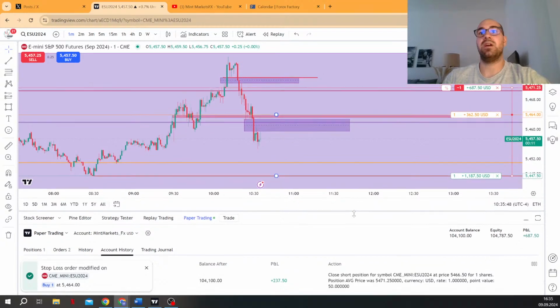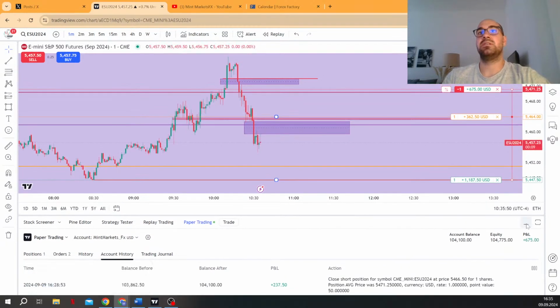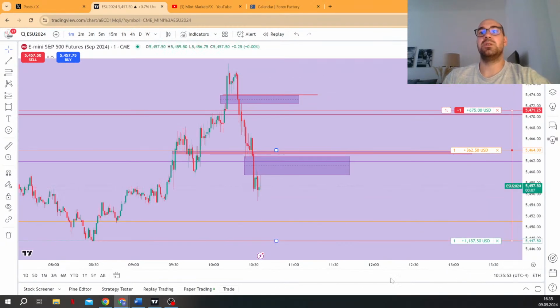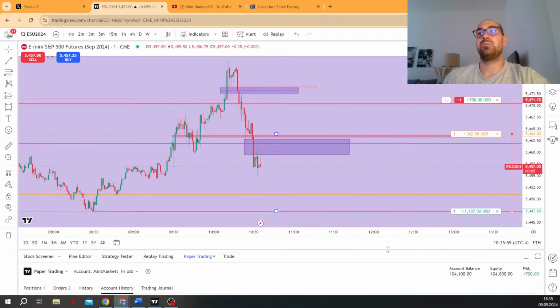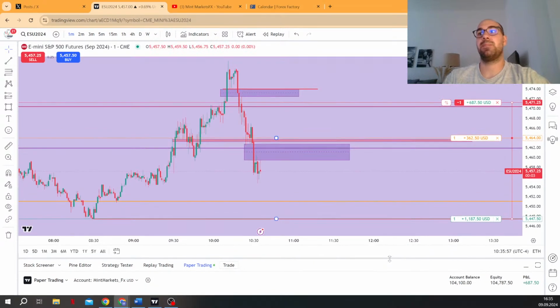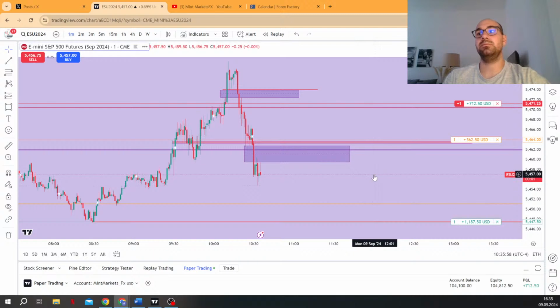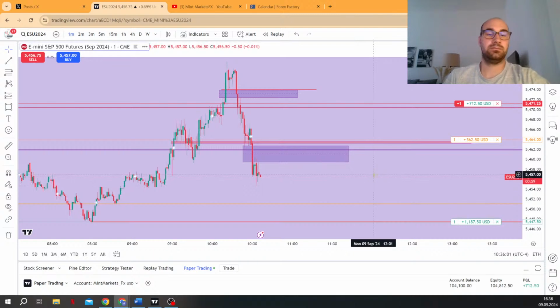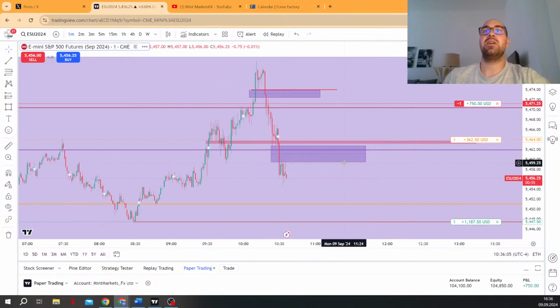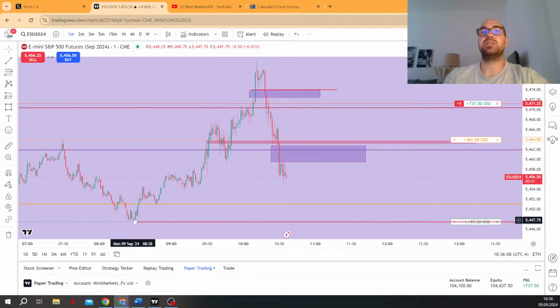and whatever happens, this will be a profitable trade. And I think we still have the chance to see this market maker sell model being completed.